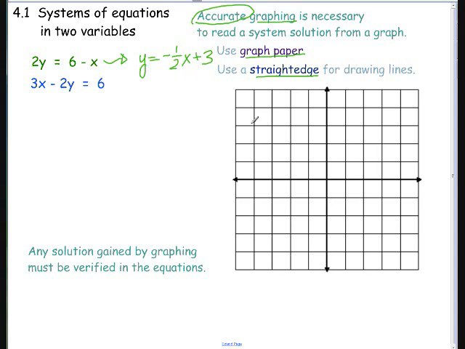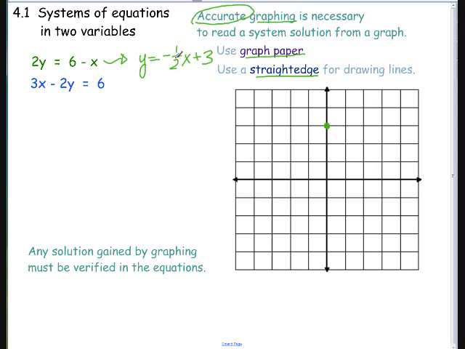So now I could graph this line quite quickly. That's why I like the slope-intercept form. I go up 3, and that's my y-intercept. You can anchor your line by doing that. The next step is using the slope to get your second point.